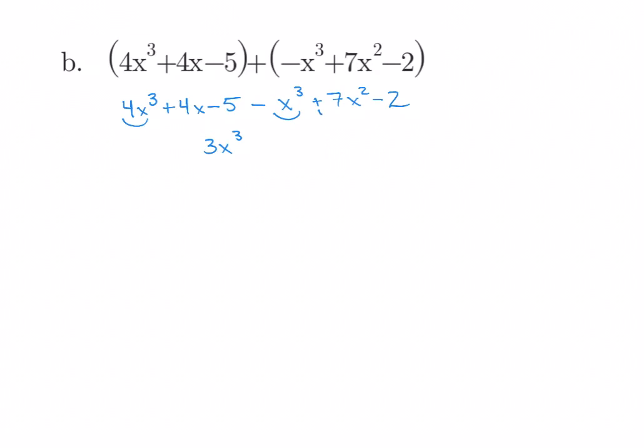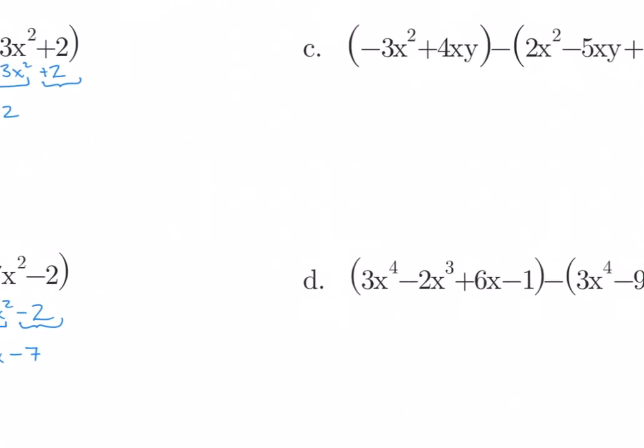I have my 7x squared. Doesn't have anything to combine with. I have my 4x, also doesn't have anything to combine with. And then I have my constant terms, negative 5 and negative 2, combined to give me negative 7. All right, so that is addition.